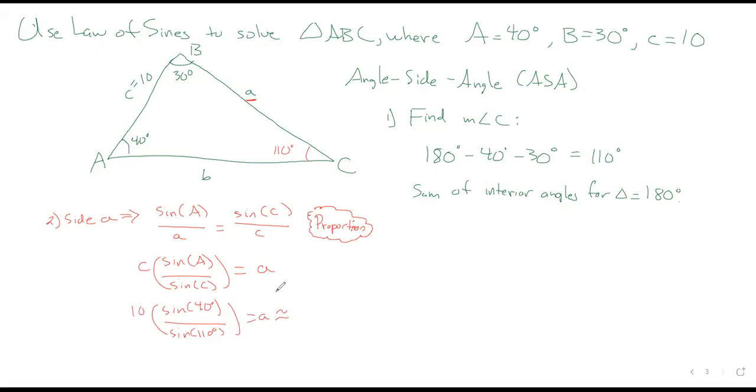Make sure your calculators are in degree mode before you do this, otherwise something's going to be off. And we end up with A being approximately 6.84. So this is my side A, approximately 6.84. Okay, so that's how we get side A.